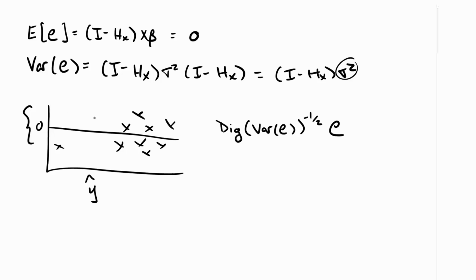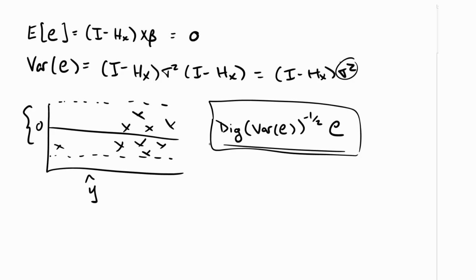However, these so-called standardized residuals have the problem that you can't easily establish boundaries for calling standardized residuals outliers, just because the distribution of this quantity isn't a terribly easy distribution to work with.